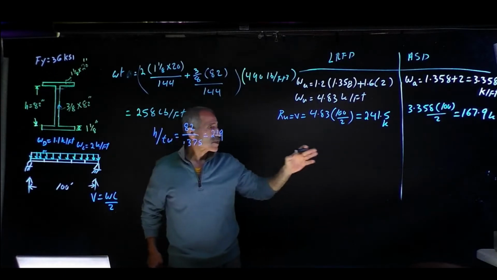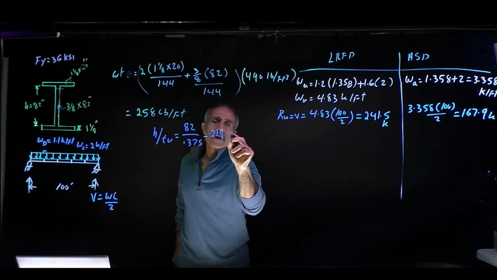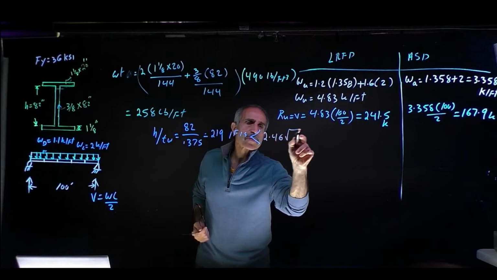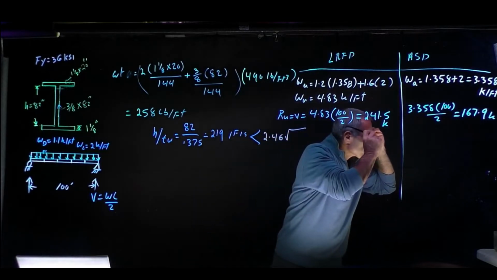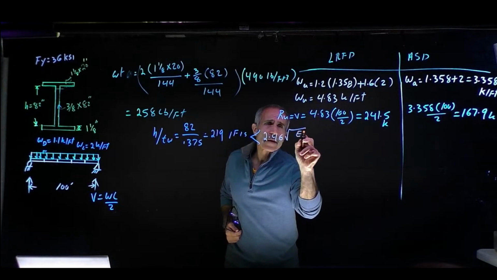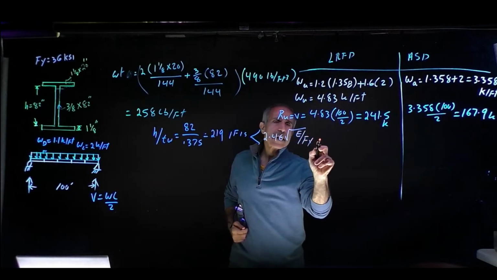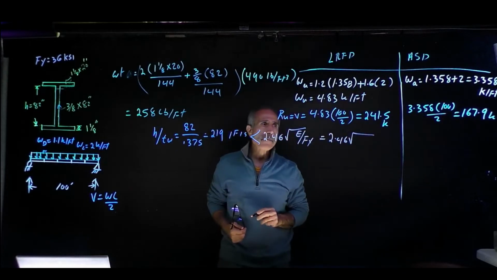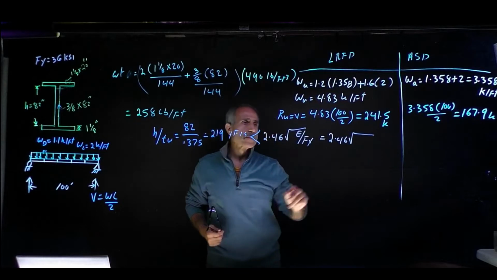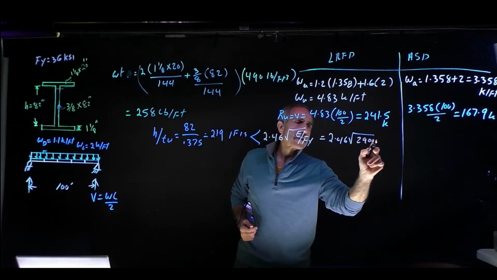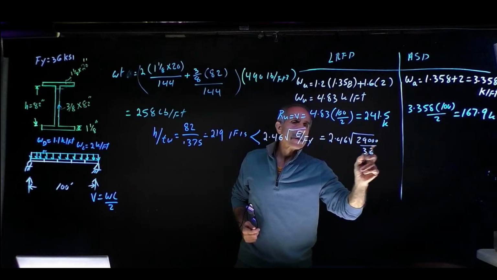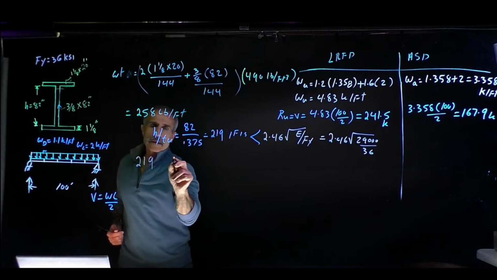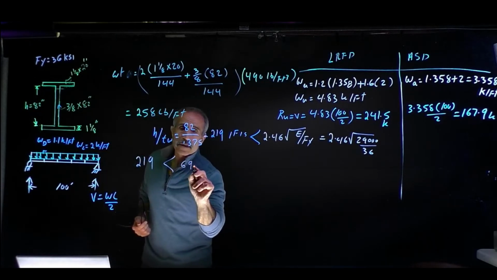That comes out to 219. And the spec says if it's less than 2.46 square root of E divided by Fy, and this comes out to 2.46 times the square root of 29,000 divided by 36, which comes out to 69.82. Is 219 less than 69.82?